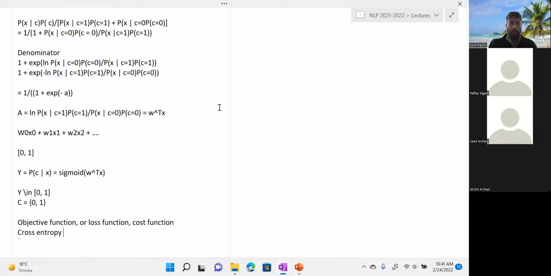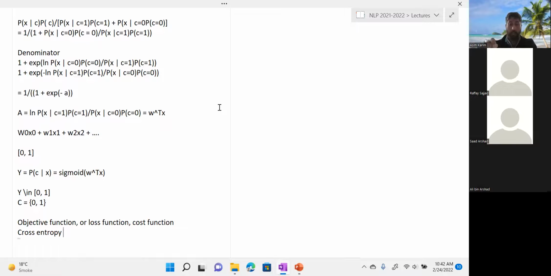Entropy basically quantifies the homogeneity or inhomogeneity between two variables. We call it cross entropy because there are two variables here. In general, entropy is the homogeneity of one variable. Here we are tracking the homogeneity between two variables.